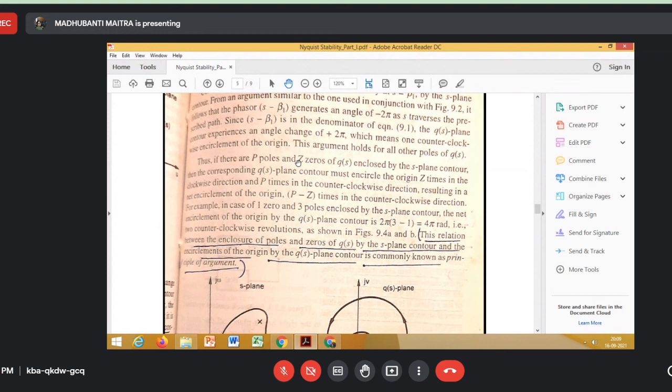So we can say that if P poles and Z zeros of QS are enclosed by the S-plane contour, then the corresponding QS plane contour will encircle the origin Z times in the clockwise direction and P times in the counterclockwise direction. Agree?